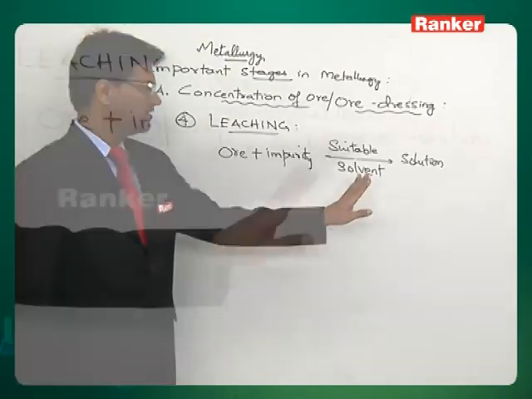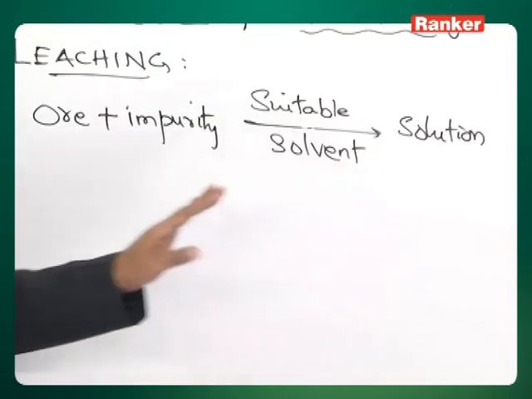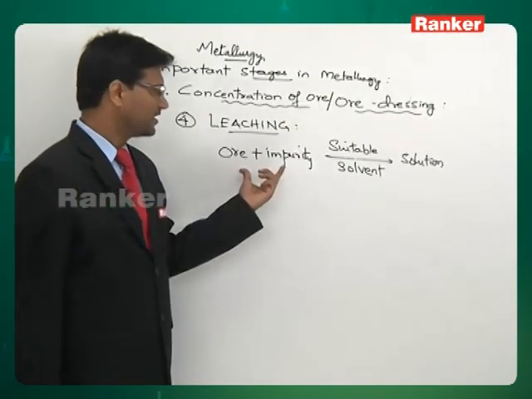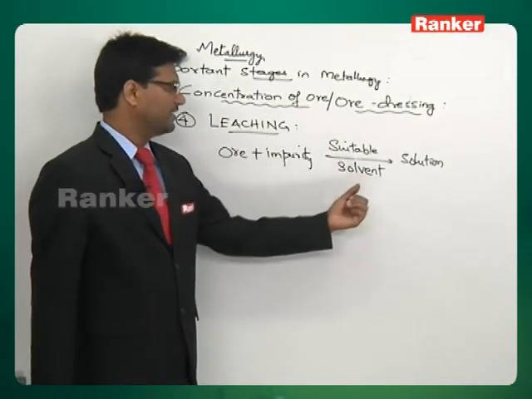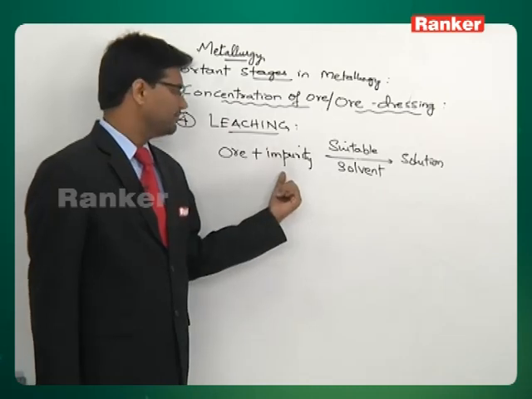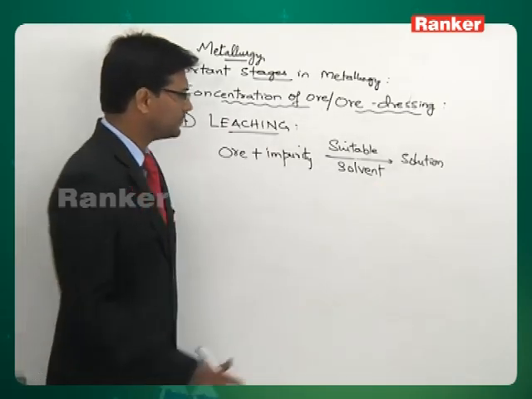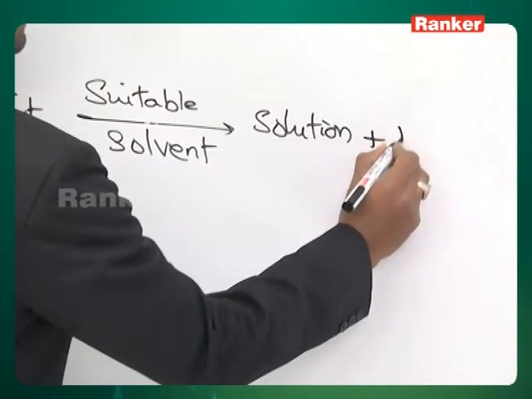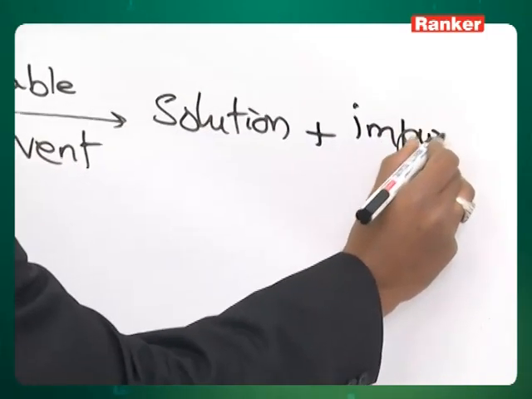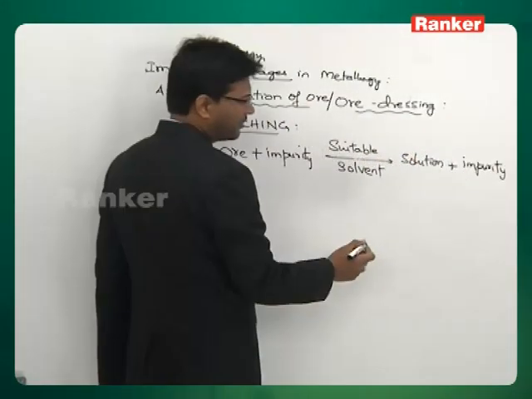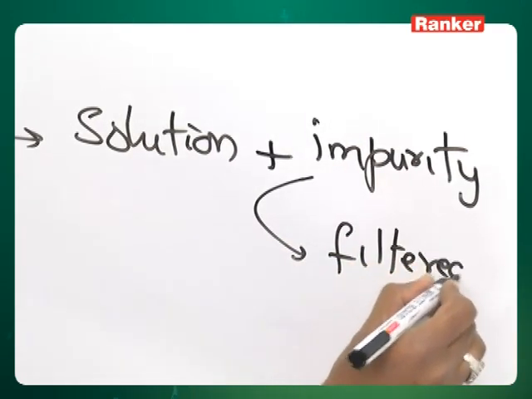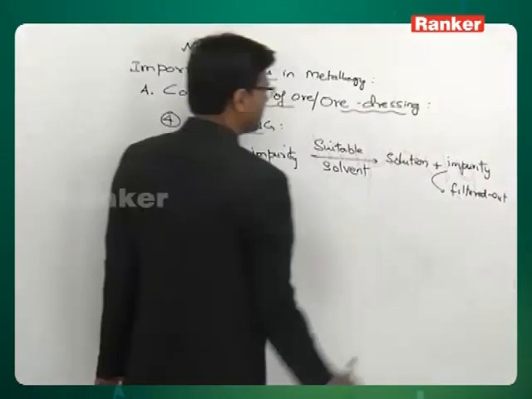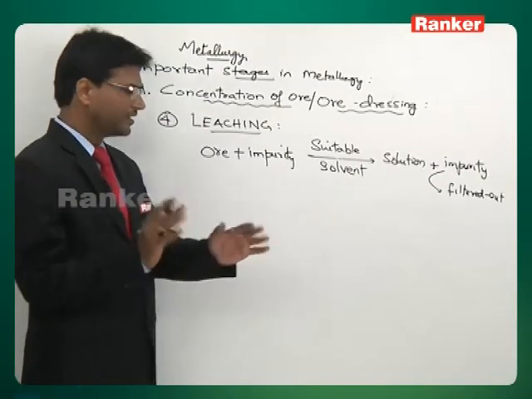Here we are exploiting the difference in the chemical behavior of ore and impurity. We use a solvent in which the ore is soluble and impurities are insoluble. So we get a solution, and then the impurity, which does not dissolve in the solvent, is filtered out.